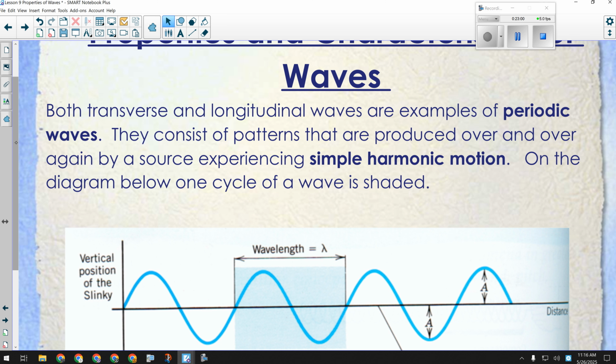Waves are produced by simple harmonic motion. When you throw a rock into the water, it oscillates up and down because of the disturbance. In an earthquake, the earthquake waves make the Earth's crust move up and down, and that's going to make any water on top of it move up and down.